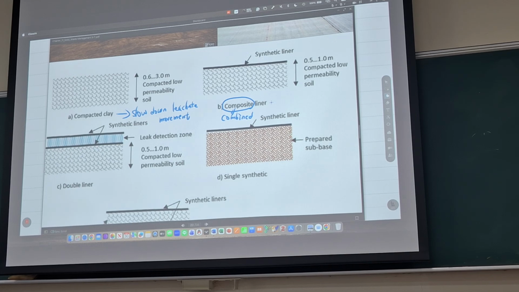The purpose is to prevent leakage. Prevent leakage. 渗透. And this is better than just single synthetic.